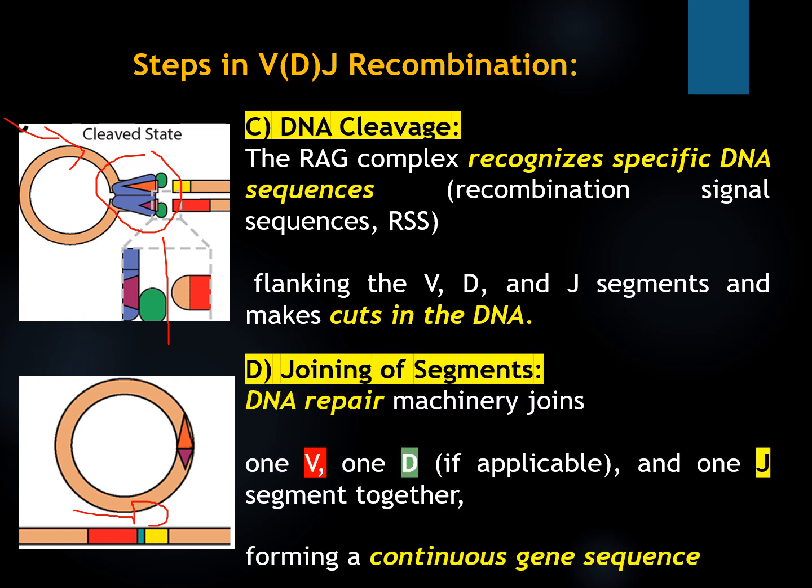So here you see that there is a DNA repair machinery that is joining the different gene segments and forming a continuous gene sequence. And I told you that this involves enzymes like DNA ligase 4, as well as the non-homologous end joining, the NHEJ pathway.